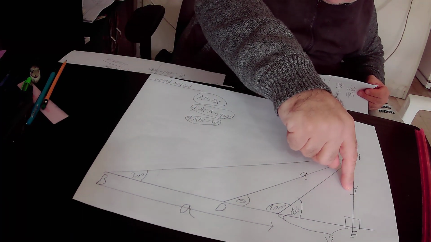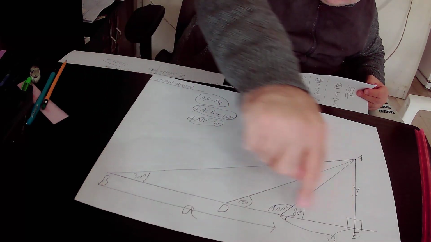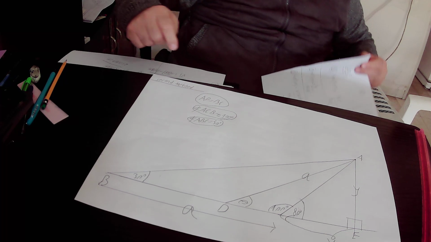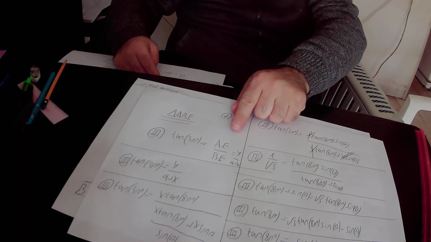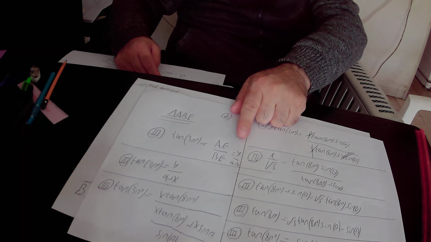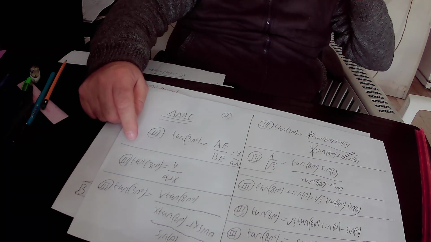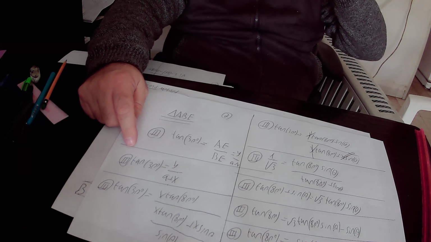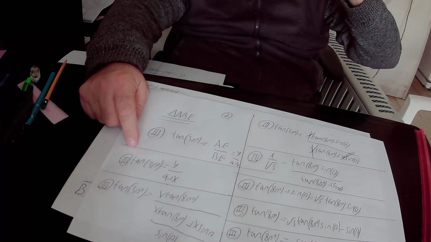AE equals Y according to our definition, and BE equals A plus X. So in conclusion, we found that according to equation number 3, tangent 30 degrees equals Y over A plus X.